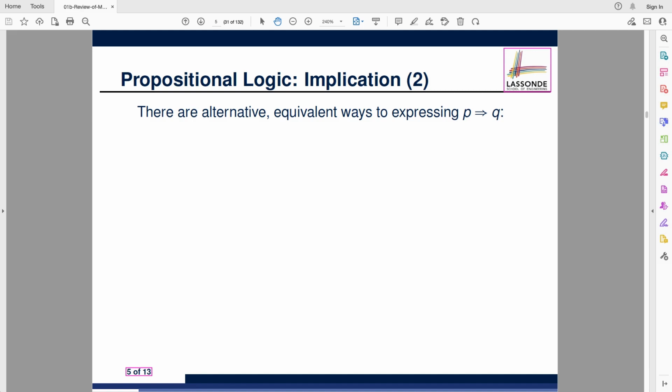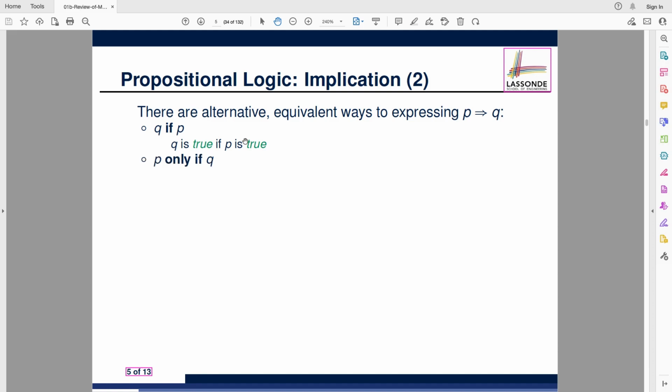Let me give you an overview very quickly, and then we'll go through each one of them. When people say in English, Q if P, they really mean P implies Q. That's number one. Don't worry too much about the explanation just yet. I'm going to explain that in a moment.